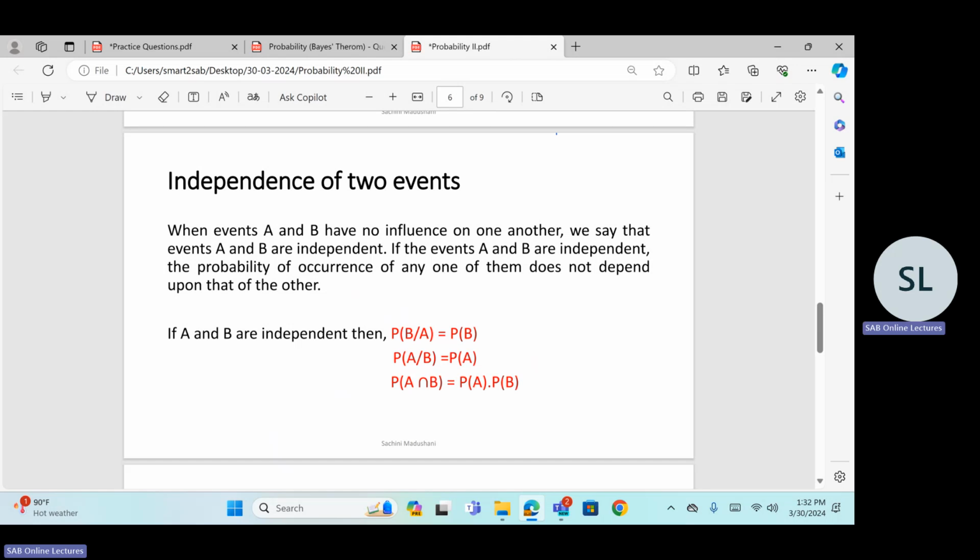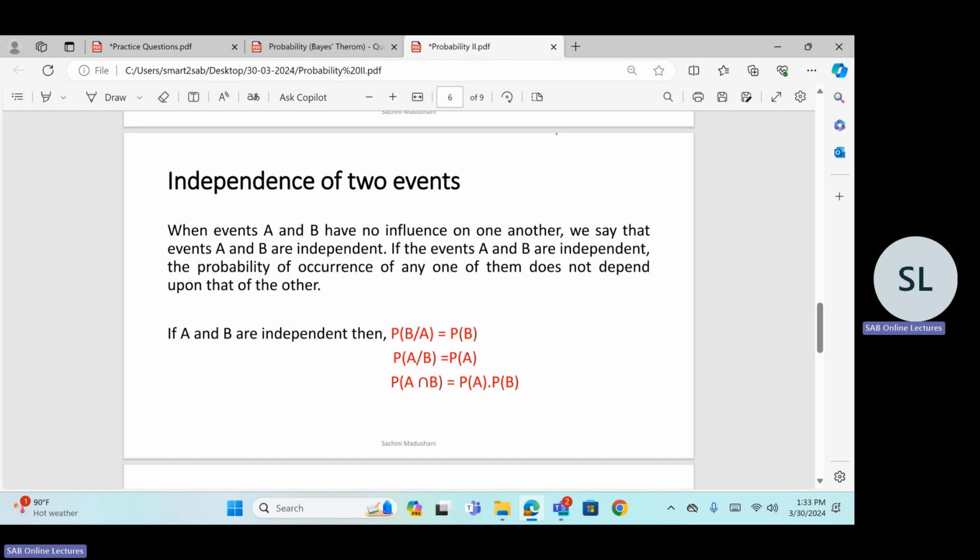When events A and B have no influence on one another, we say that events A and B are independent. If the events A and B are independent, the probability of the occurrence of any one of them does not depend upon that of the other. Normally independent means these events are not dependent on the other event.